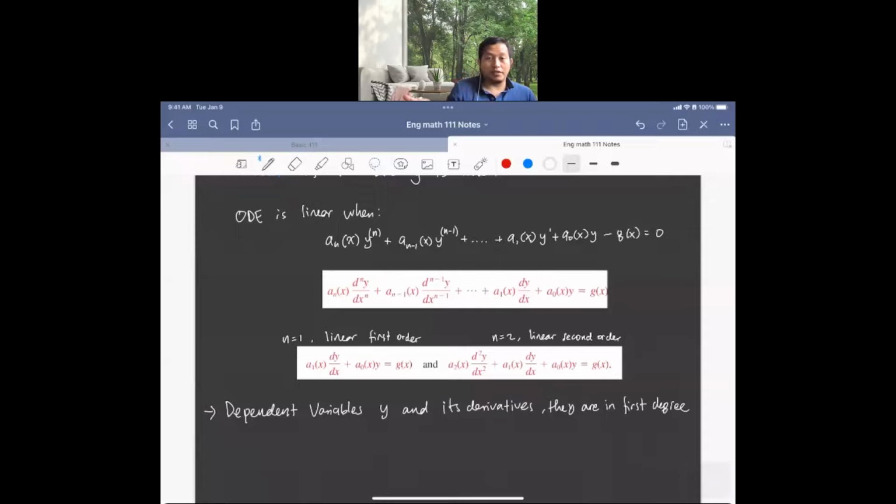So the power is just 1, and that's linear. And the coefficients, from a0, a1 up until an, of the variable y, depend on the independent variable x.